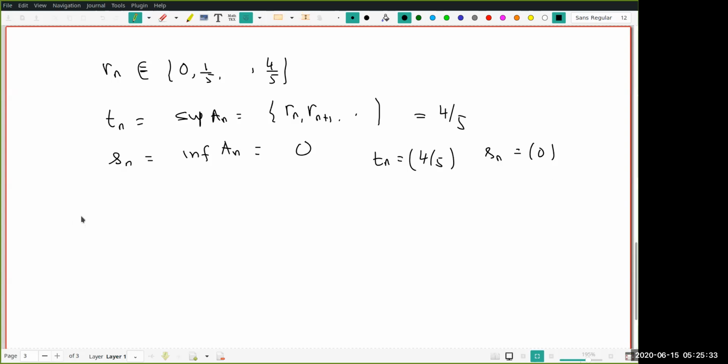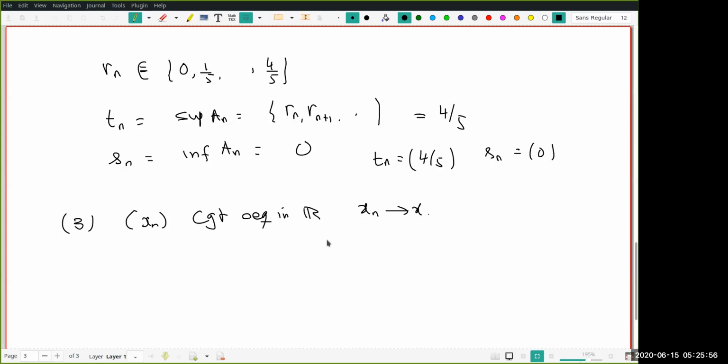Now let's do the third example. This is slightly abstract, and with this we'll stop the lecture. Let us assume X_n is a convergent sequence in R, converging to x.